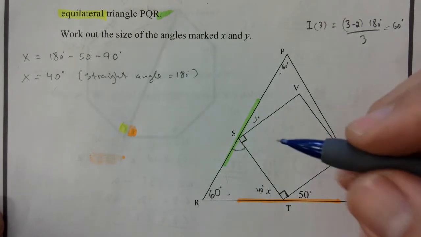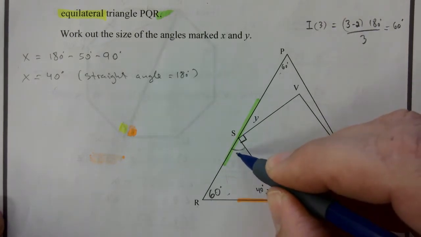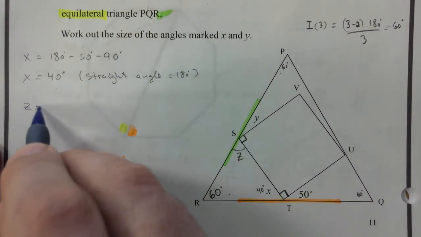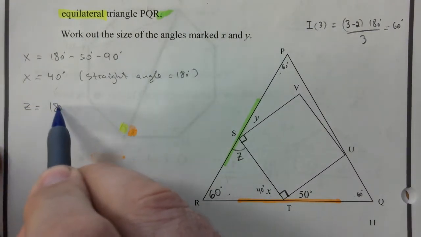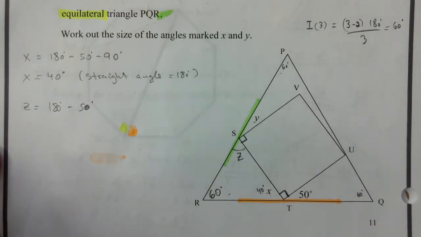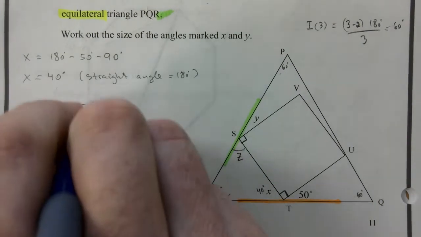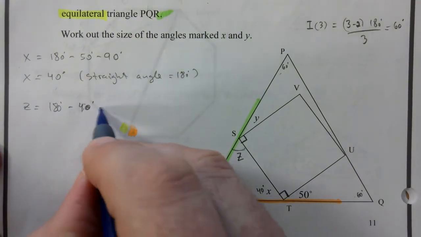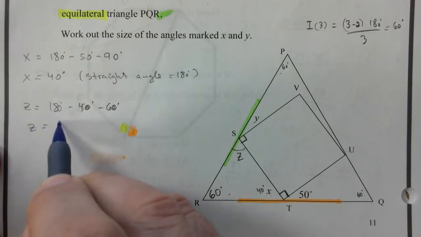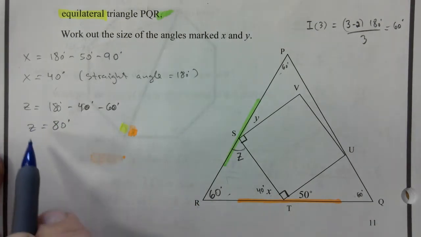So I will give this a temporary letter here, Z. Some of you do that as well when you do the work. Z is going to be 180 minus 40, minus 60, right? So Z is going to be 80 degrees there.